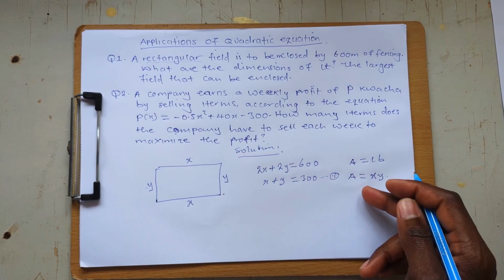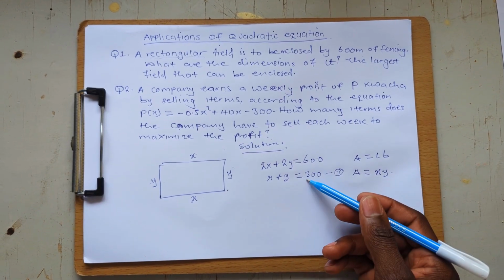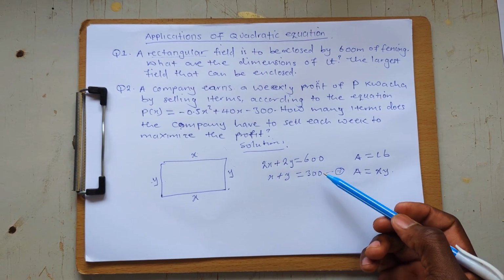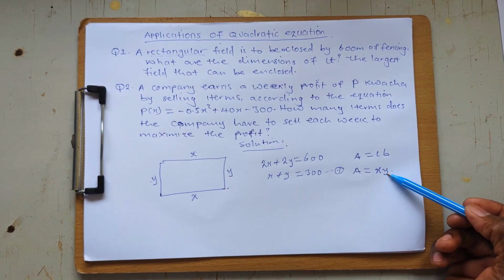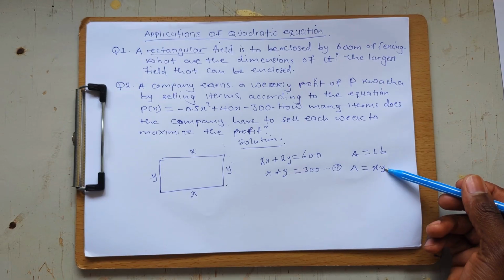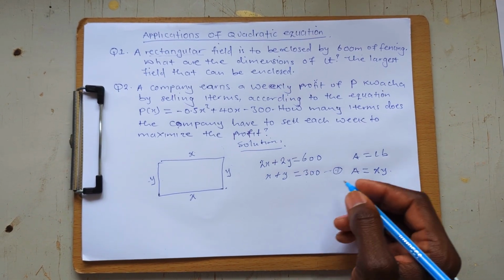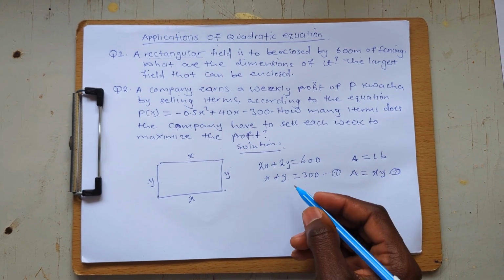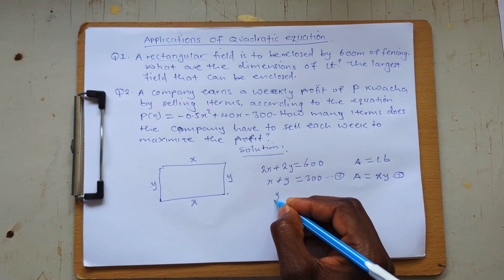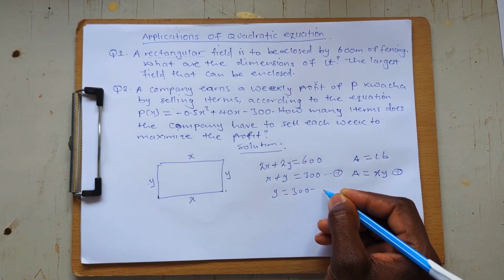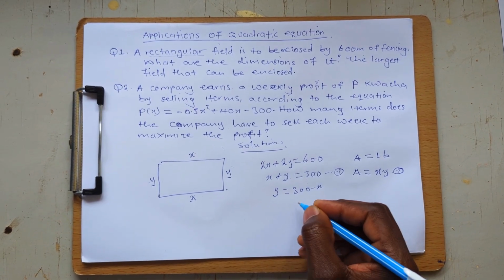If this is the expression for area, and that is for perimeter, how are you going to come up with one expression? I think we can make y the subject, then substitute it in the second equation. If you make y the subject from the first equation, you have 300 minus x.